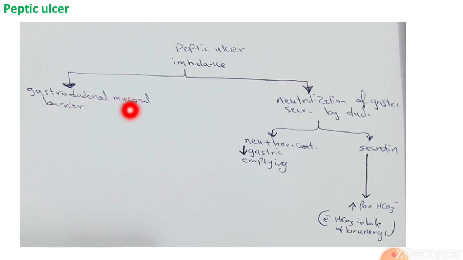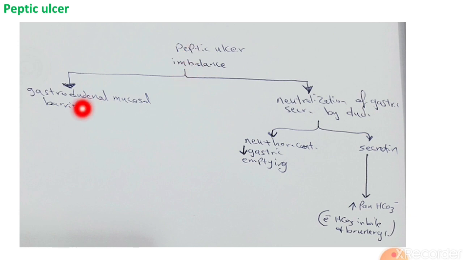The gastroduodenal mucosal barrier, as we said, is made by the mucus and the tight junction between the epithelial cells of the stomach. So, if this barrier is lost, it causes peptic ulcer.